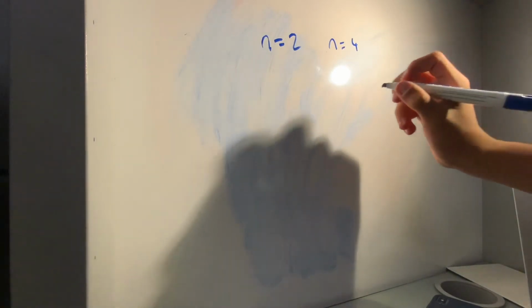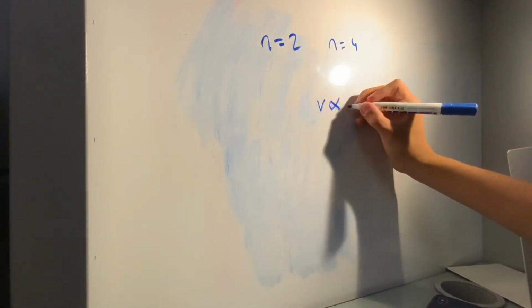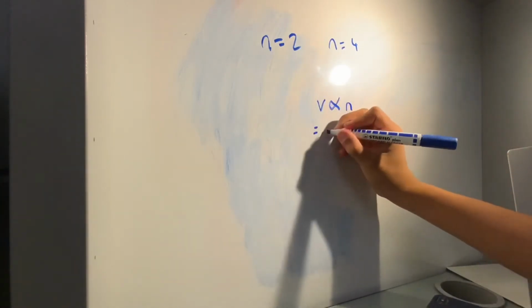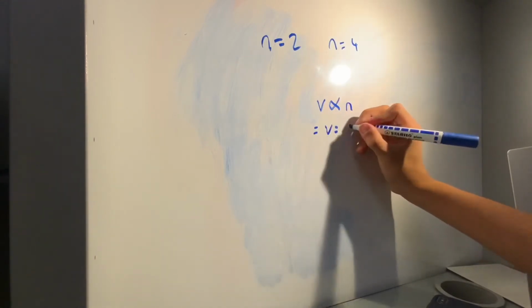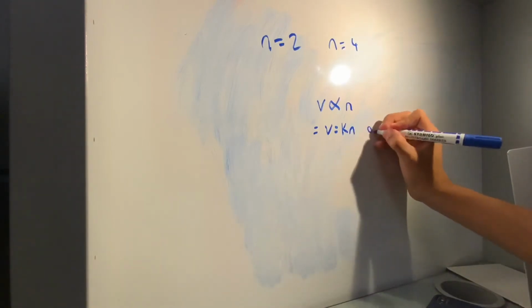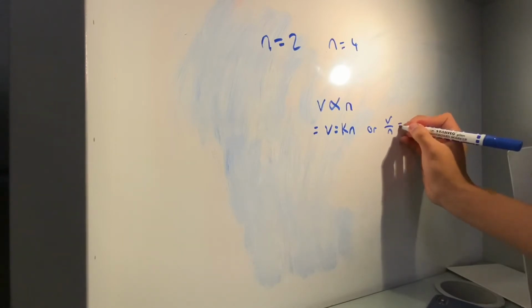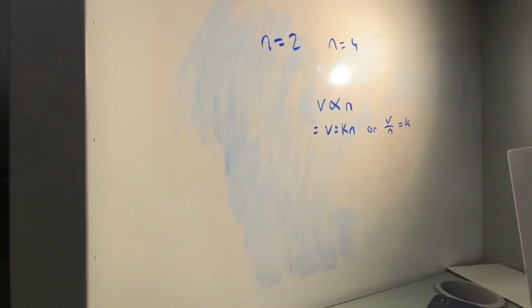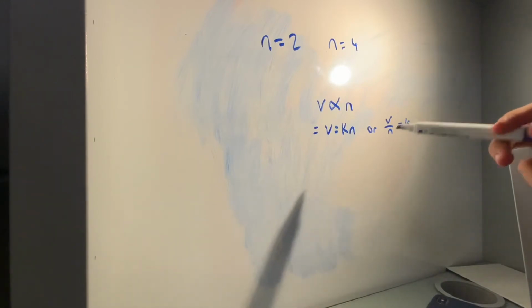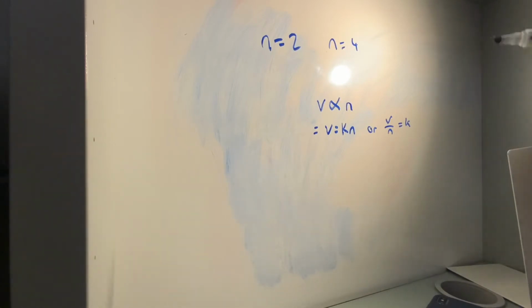And whenever you have v being proportional to n, it means that v equals constant times n, or v divided by n is equal to a constant term. Now we'll see if by substituting 2 and 4 and dividing, it comes to a constant k at the end.